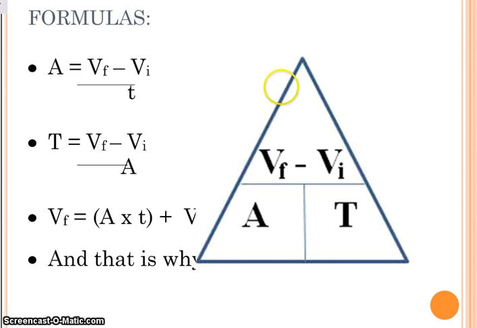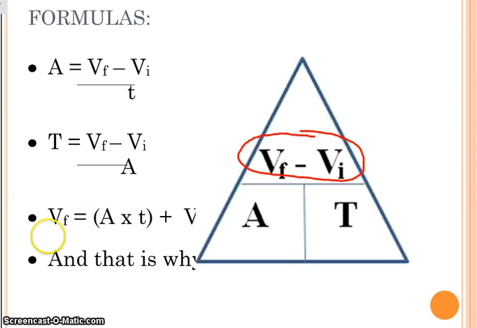Here's the triangle. I know it looks a little different, and the big thing here is all of a sudden we have 2 variables up top. We have both the final velocity and the initial velocity here. But it's important you remember VF minus VI over A and T for the triangle.